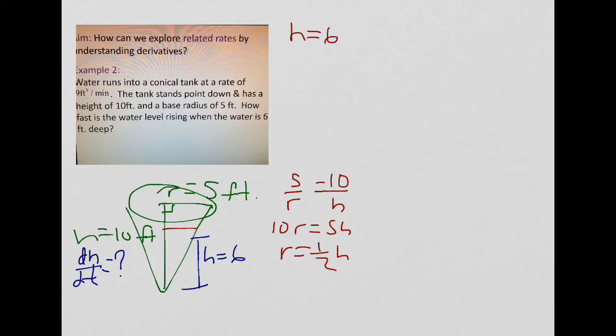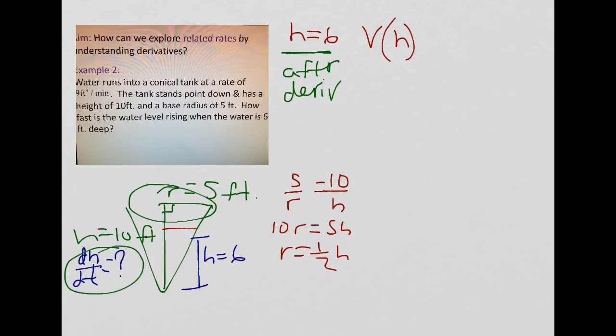But what we do need to do is write the volume of our cone as a function of our height. Remember, we always substitute at the end, after we take the derivative. So remember, we have to differentiate. This is unlike other problems where you have many variables, because we don't have many rates to find, we just have this one.